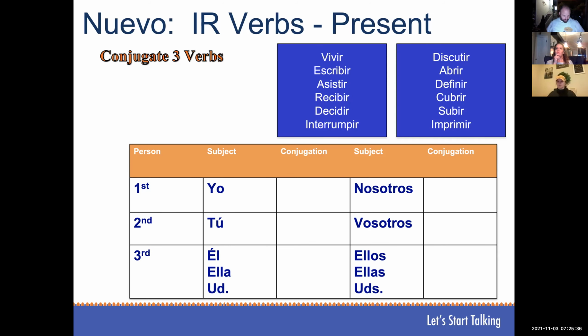Definir, define. Cubrir, no sé, to cover. Subir, no sé. Subir means to go up.